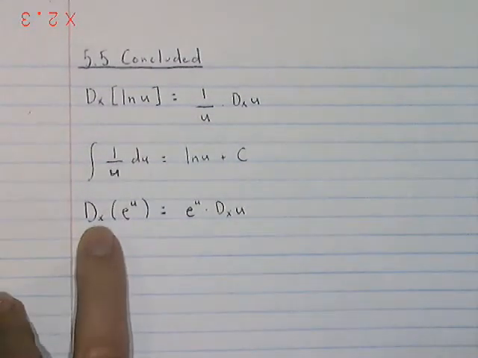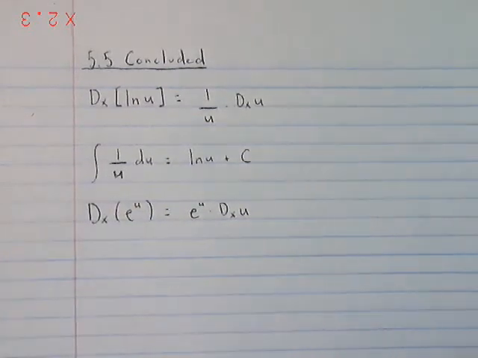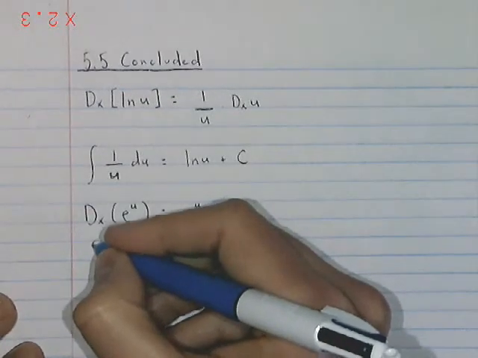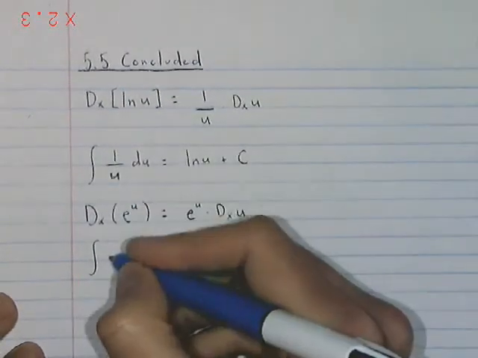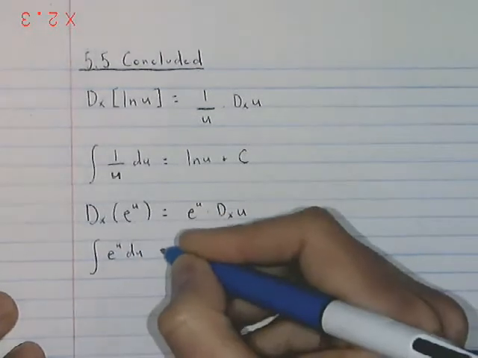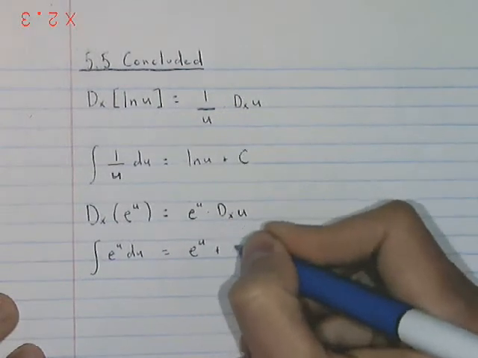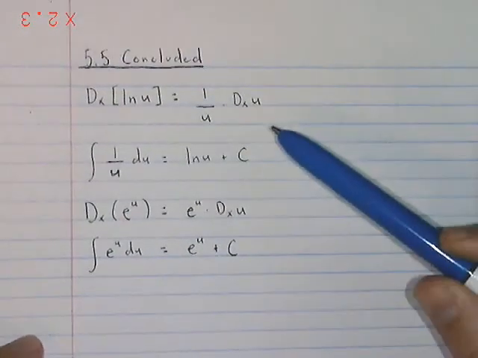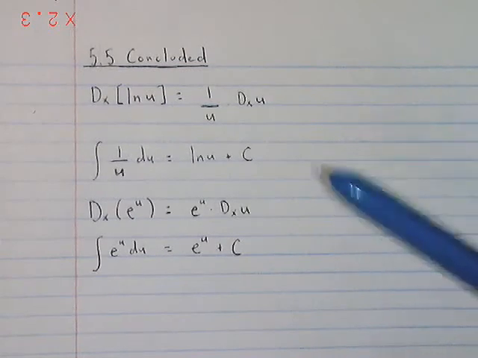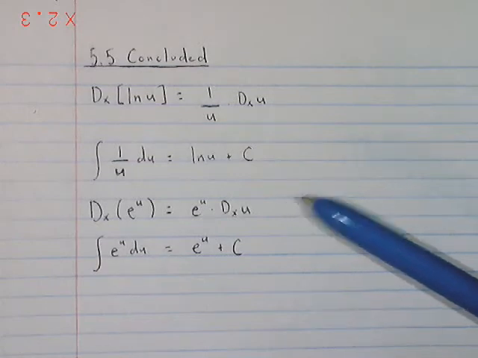And then, in a similar fashion, from this derivative we can get to the integral for the natural exponential function, namely that the integral of e to the u du is equal to e to the u plus c. Okay, and we had a fair bit of practice with integrals and derivatives, dealing with the natural log and the natural exponential function.